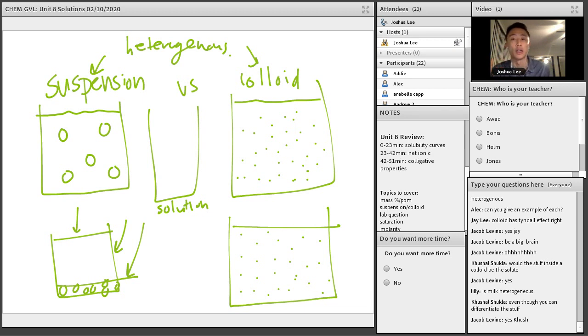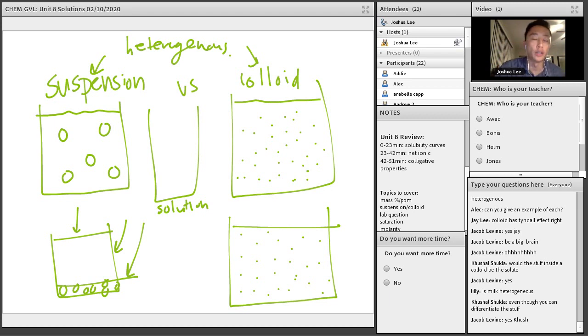You'll have like globs of fat here and there. You have to look at it under a microscope. If you're just drinking a cup of milk, you'll see it as one thing. But if you zoomed in, the little globs of fat, little globs of sugar in there, they're all not mixed in there cohesively.